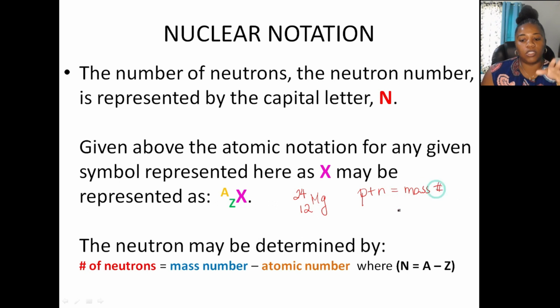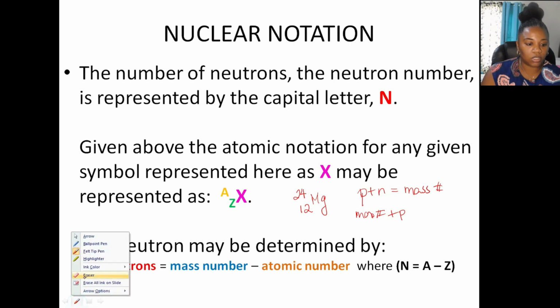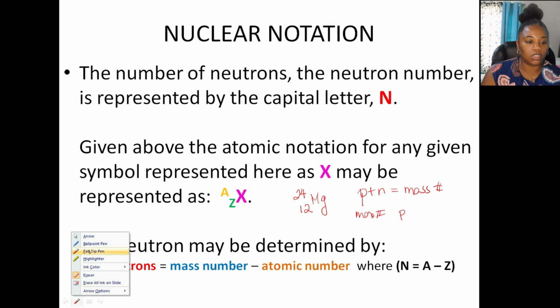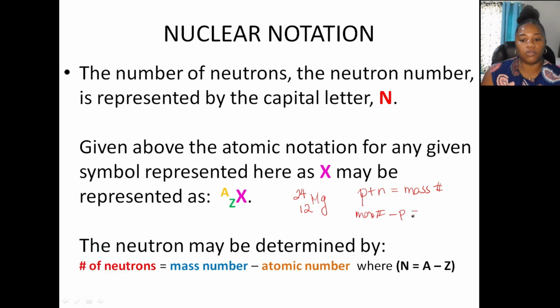Once you know how to do this, you could just transpose. So mass number minus protons will give you neutrons, and mass number minus neutrons will give you protons, right?